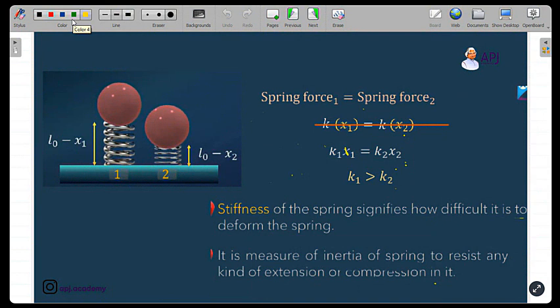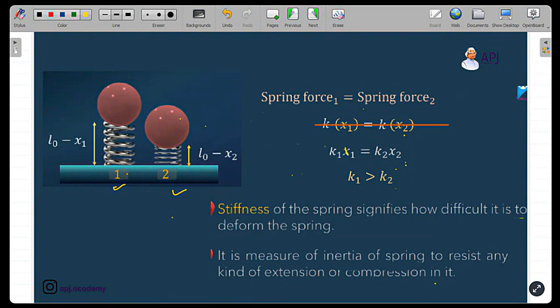This diagram is basically trying to tell you that you have kept the same weight on both the springs. You can see the diagram, spring 1 and 2. This is spring number 1, this is spring number 2. Both the balls are exactly the same in size, shape, and weight.